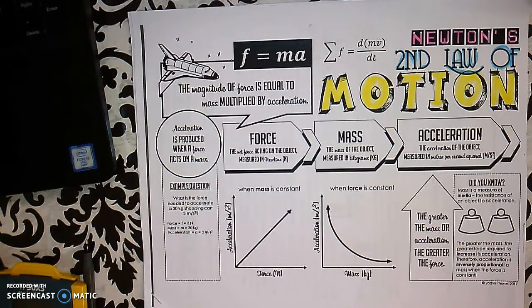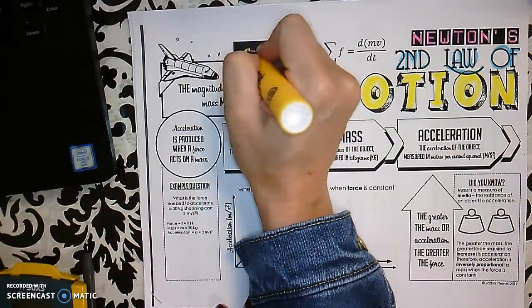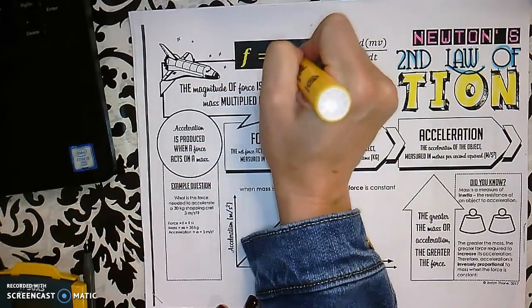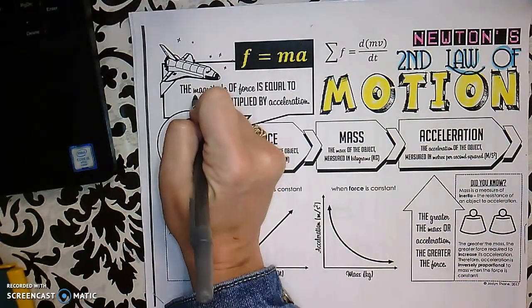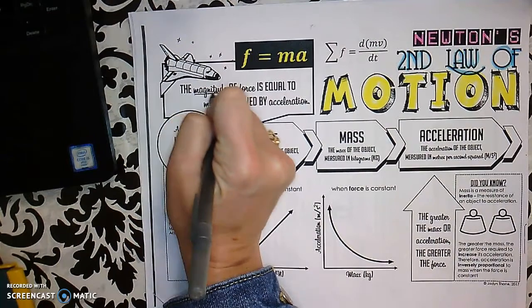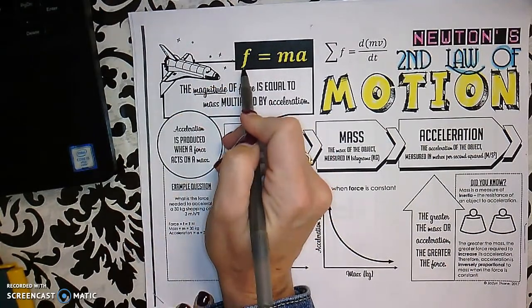Alright, so this is Newton's second law of motion, and the second law of motion can actually be written as a math formula. Force equals mass times acceleration, and we've alluded to this already a couple of times in our talks this unit. This law says that the magnitude, and magnitude is like the bigness, it's usually a number associated with it, and that's what we're going to be calculating.